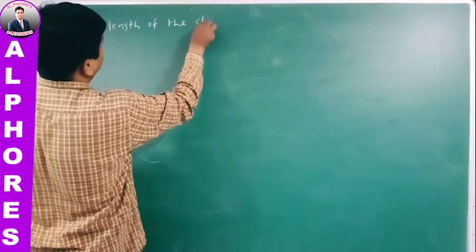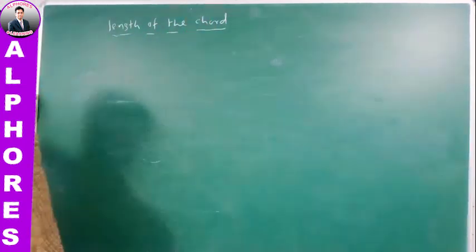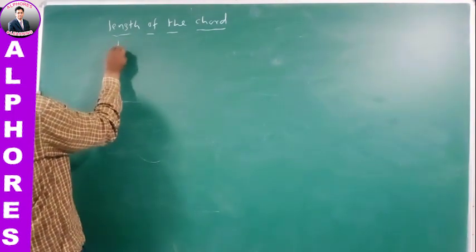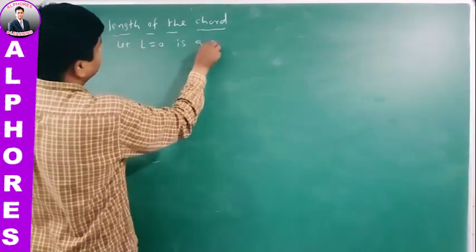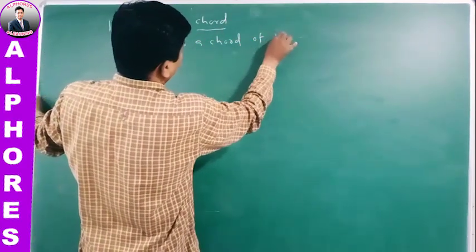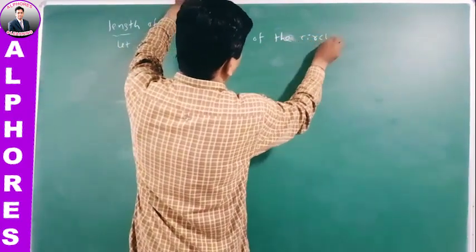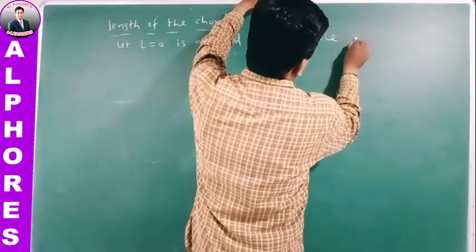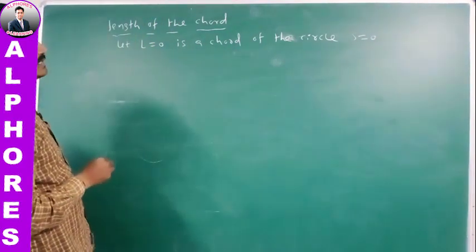Length of the chord. Observe here, let L equal to 0 be a chord of the circle S equal to 0.